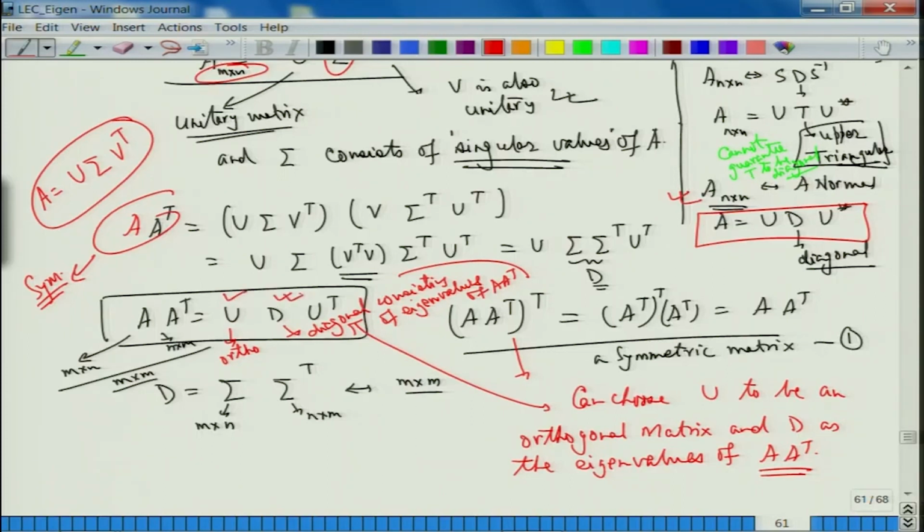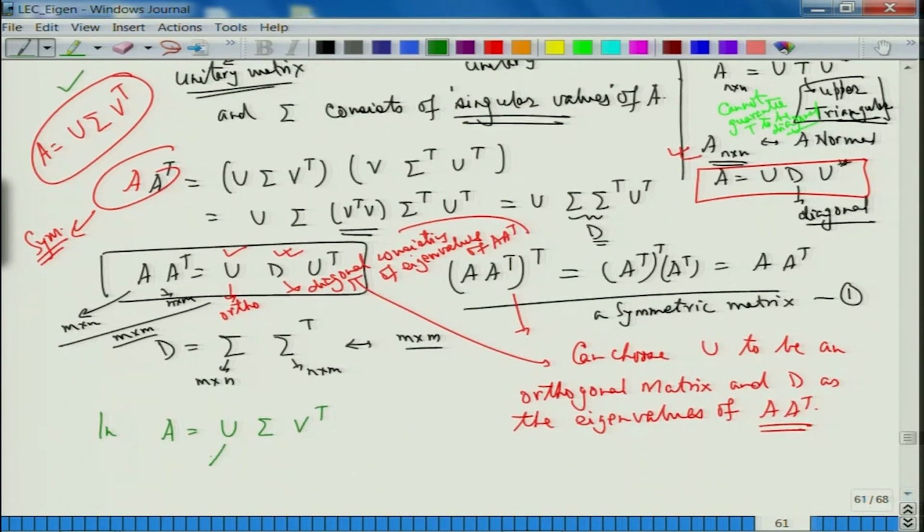So, the idea is to compute A A transpose and get the matrix U and D. Is that okay? So, in the expansion, when I want my A to be U sigma V transpose, I know what U is. I can compute U as the eigenvectors coming from A A transpose, all right. So, in writing A as U sigma V transpose, U comes from the eigenvectors of A times A transpose.